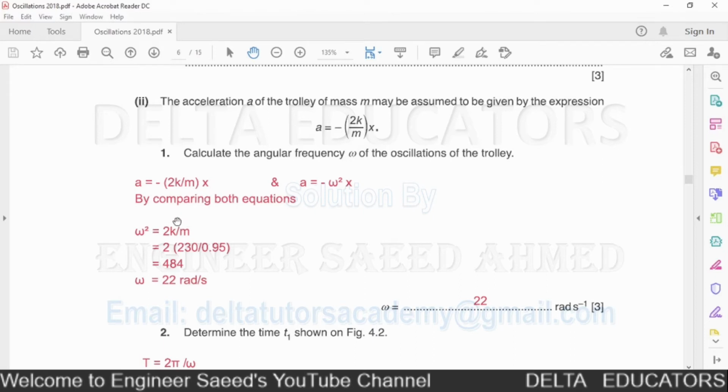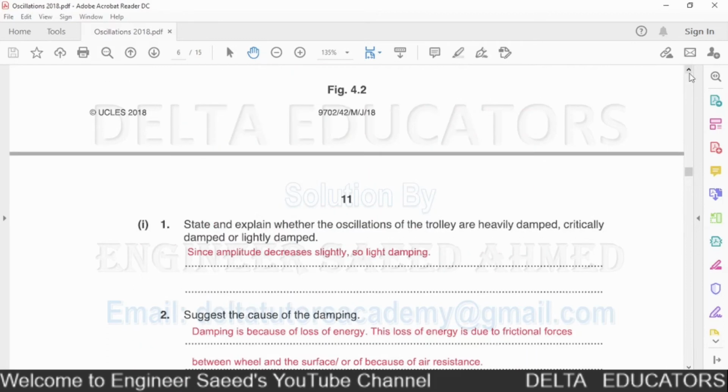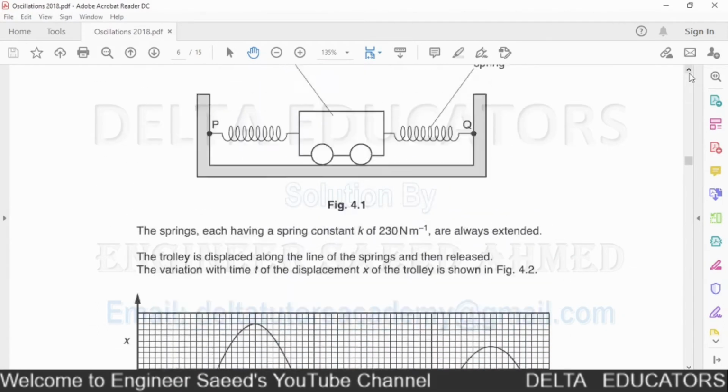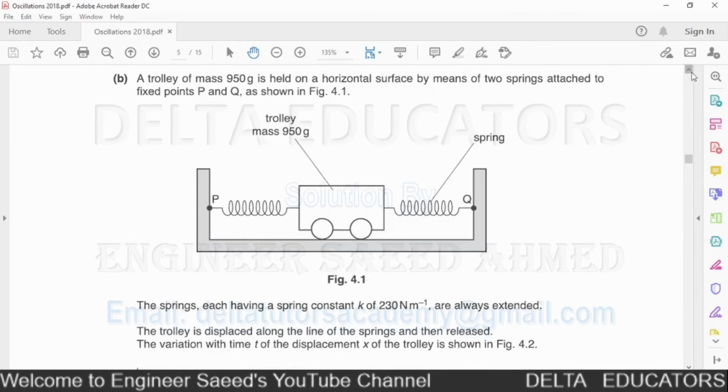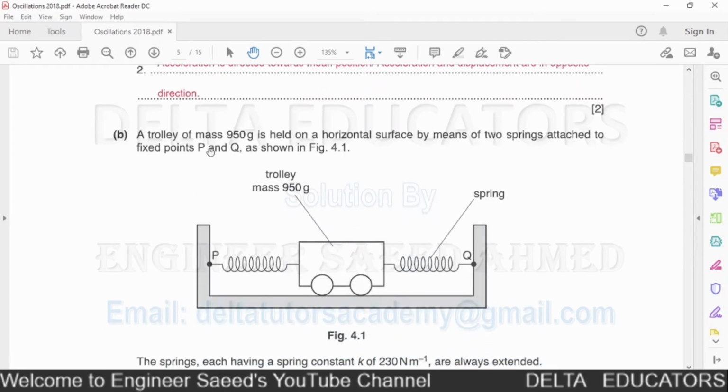Now the value of k and the value of m are both given. k is given as 230 and mass is also given, 950 gram. But this mass we have to consider in kilograms, so we divide 950 by 1000 and get 0.95 kilogram.